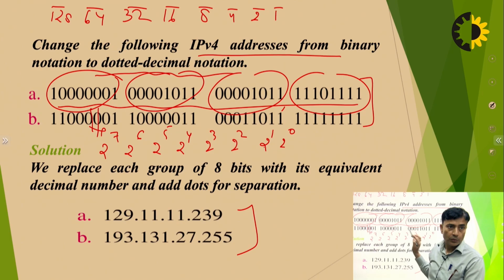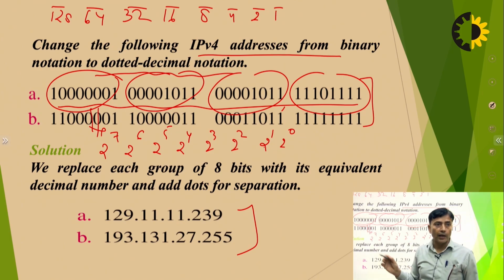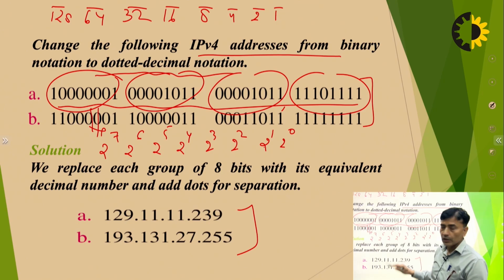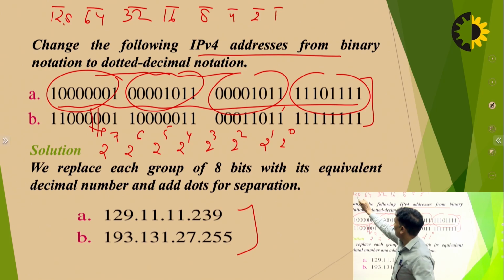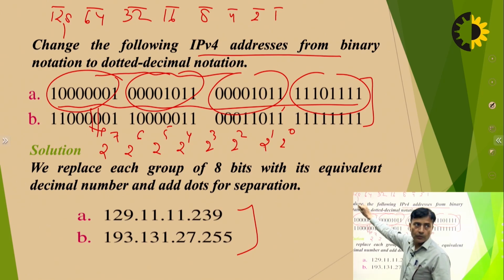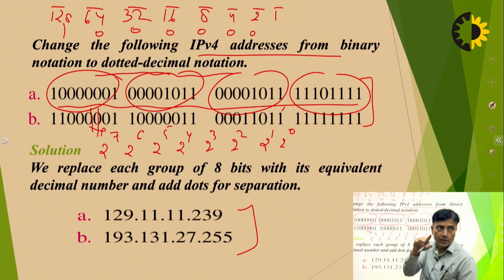Okay, this is the bit position. When you are asked to change from binary to decimal, you just have to place the binary stream here. So, the first bit is 1, then six 0s, and the last bit is 1 here.